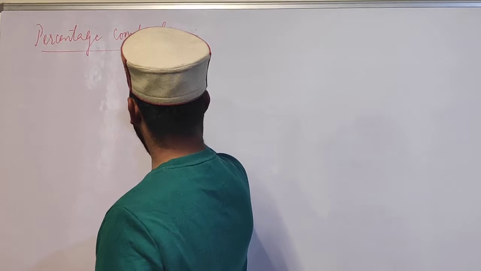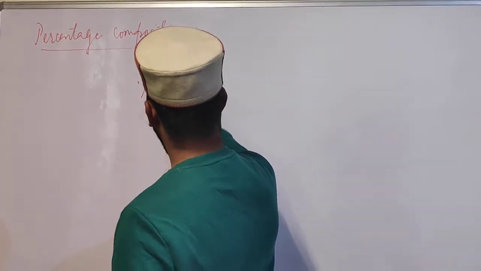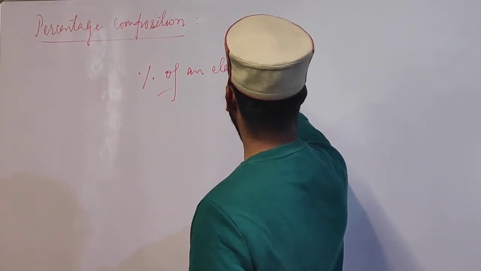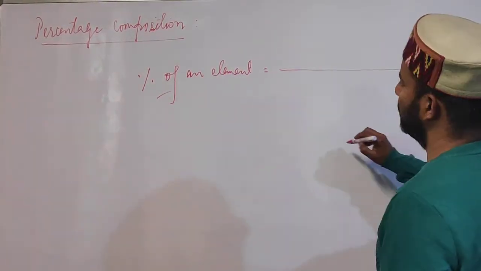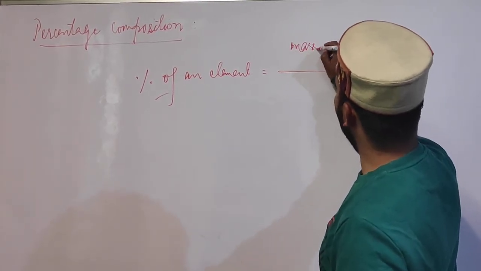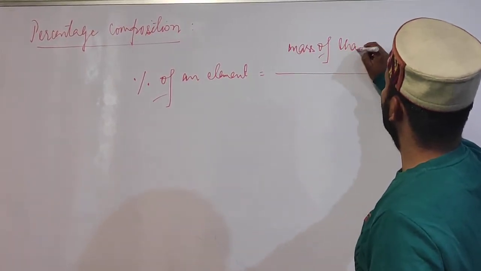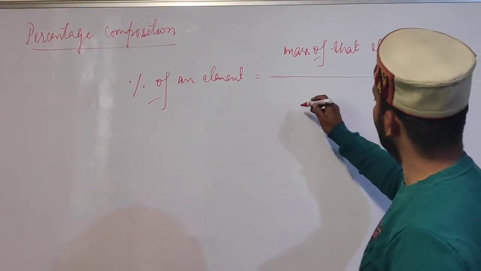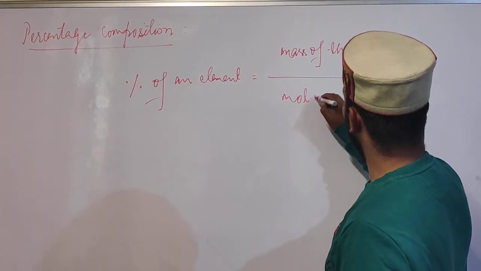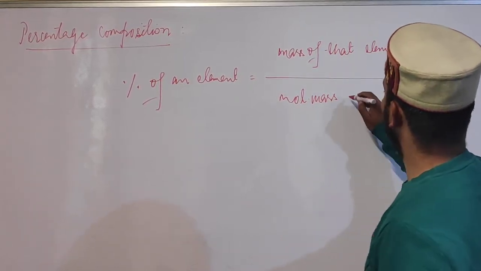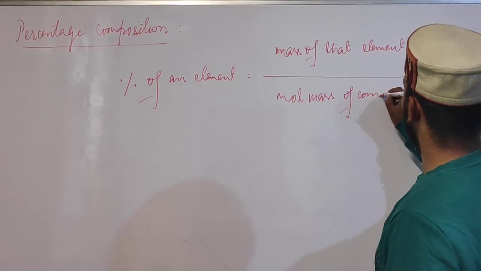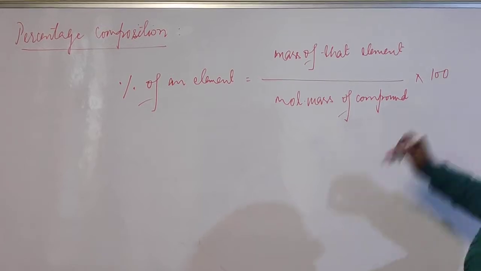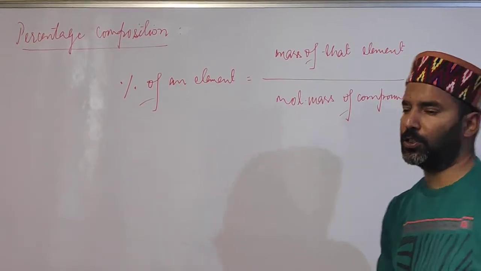See students, the percentage of an element in any given compound will be the mass of that element divided by the molar mass of the compound into 100. So this is how we find percentage composition.